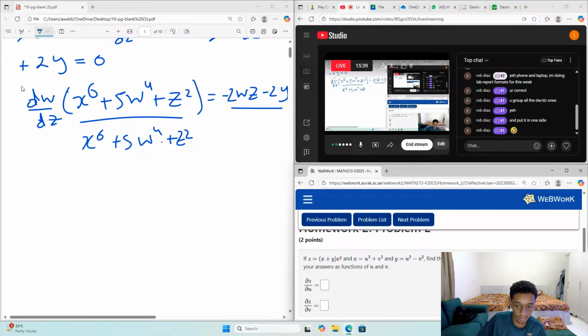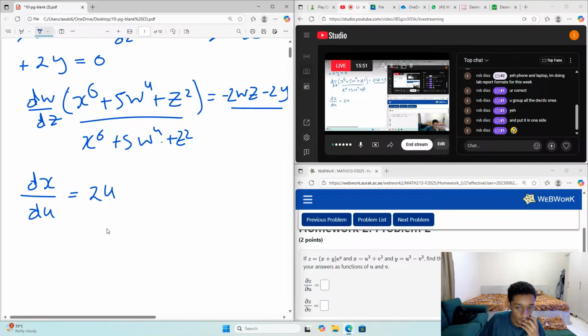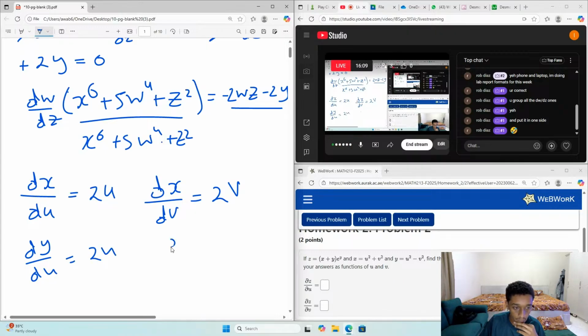Okay, so first thing we have to find dx over du, which is just 2u, and then dx over dv is 2v. dy over du is 2u, dy over dv is minus 2v.